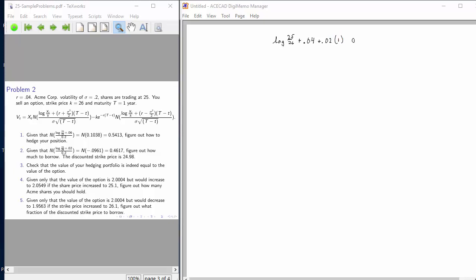And we also know that sigma times the square root of T minus t is equal to 0.2.